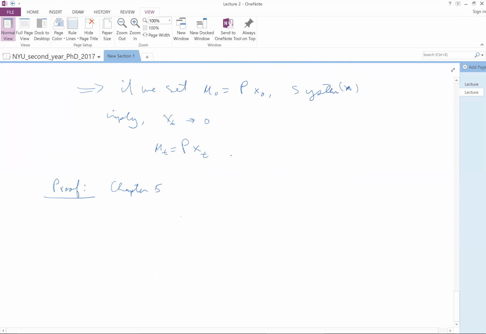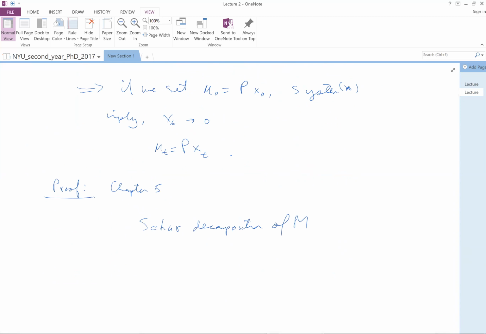The key weapon is going to be something called Schur, S-C-H-U-R, decomposition of M. And you can look up what Schur decomposition is in Wikipedia or MATLAB or Python. MATLAB and Python have nice programs that implement this.